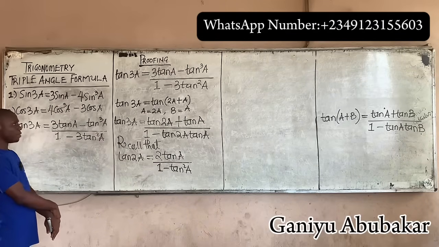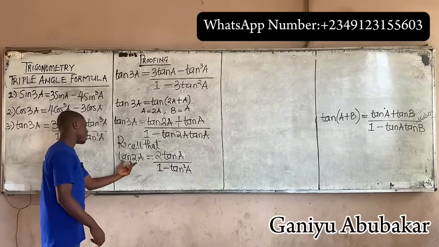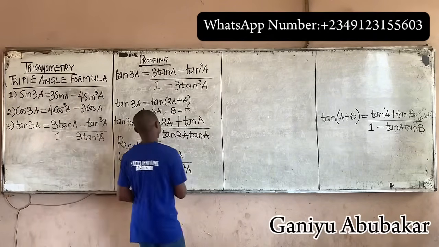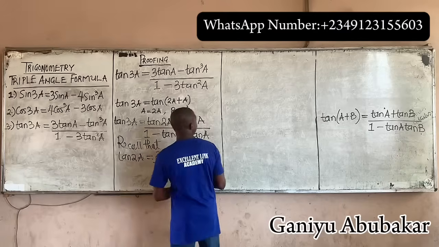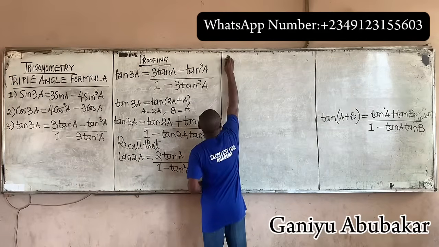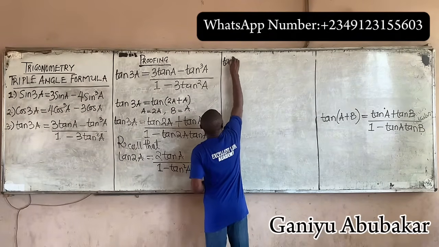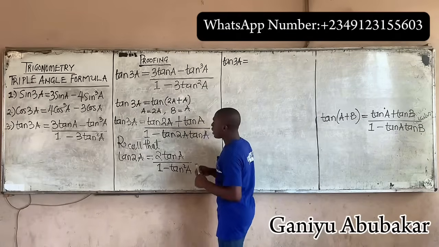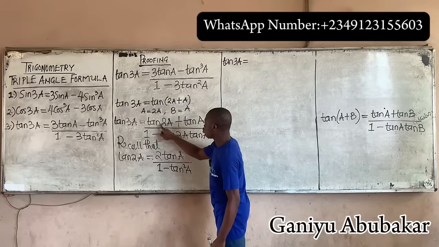Now what do I do from here? The task is nice, it's simple. Anywhere I see tan 2A, I'll just insert this expression there. So tan 3A will be equal to, observe, I'm seeing tan 2A.